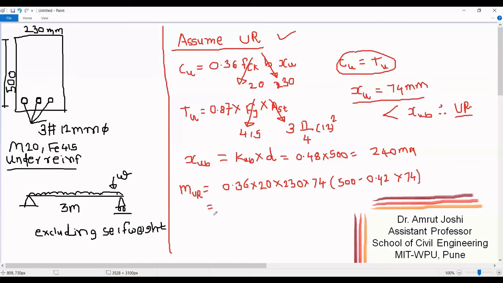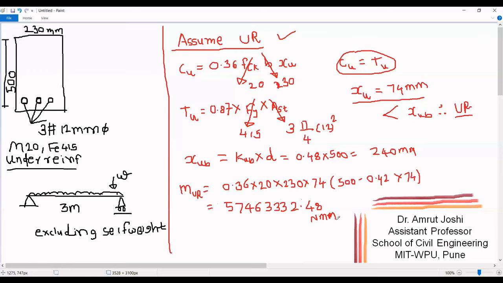So Mur turns out to be 57463332.48. This value is in Newton mm.